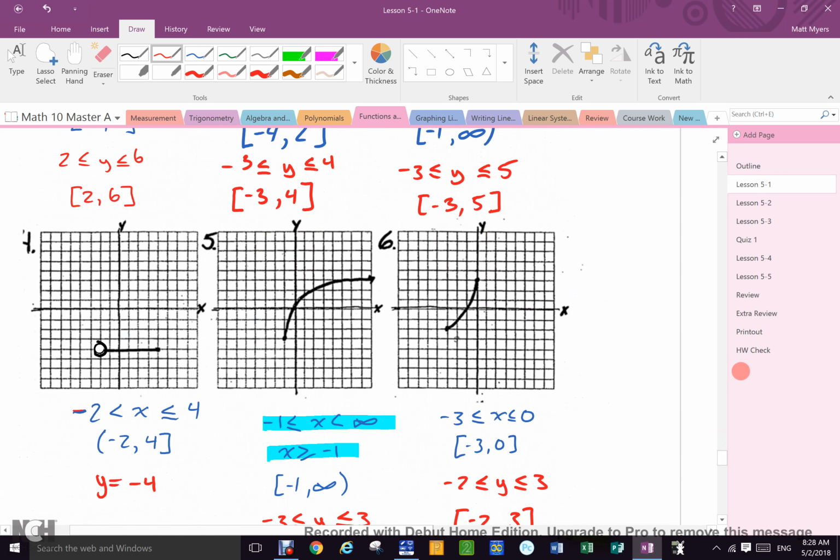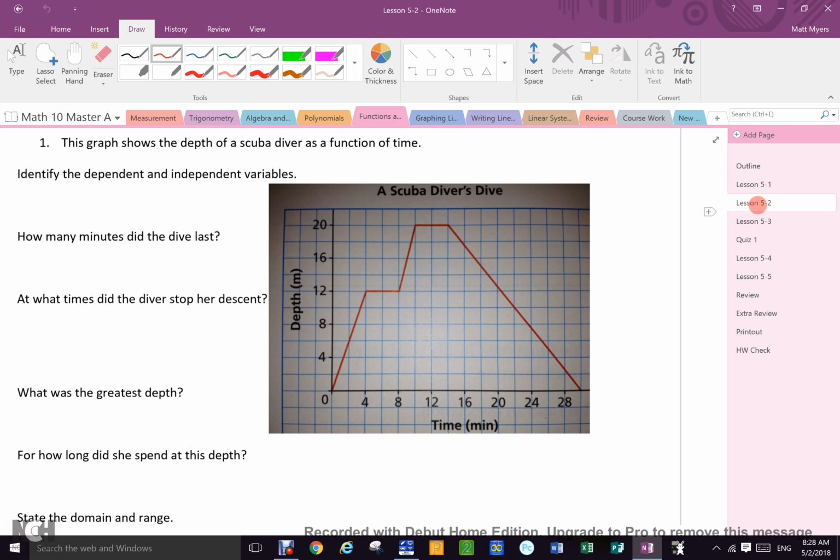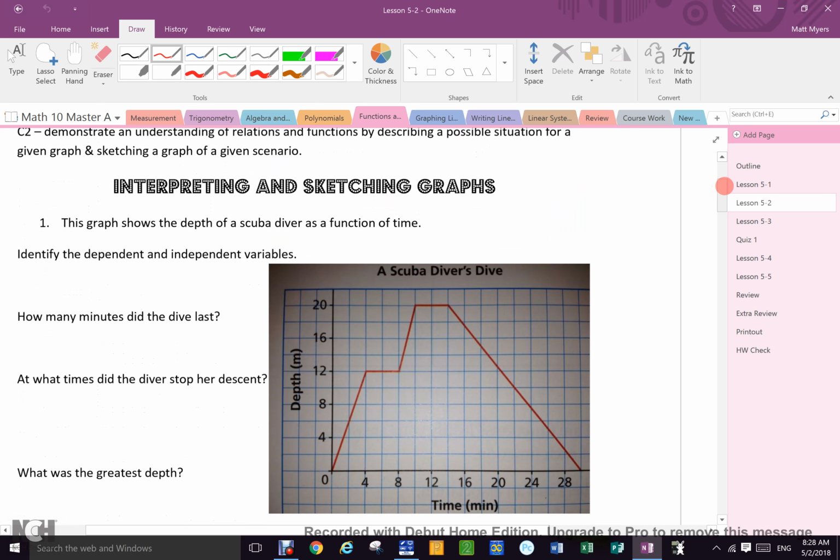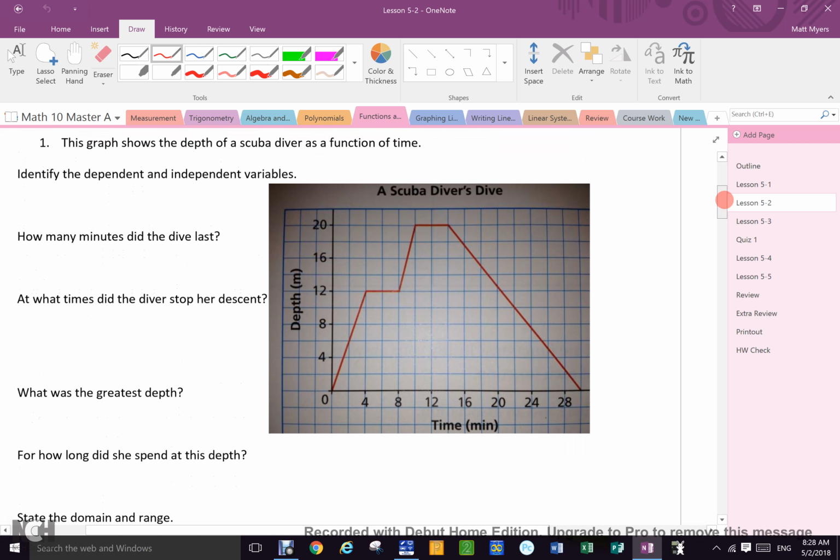Let us go on then to the next lesson. Okay, this is when your Science 10 is going to come in if you have done Science 10. This lesson is not so much a lesson as it is reading graphs and hitting a couple of technical things that mess people up. So let's start with this first one here. You already know how to do all of number 1.